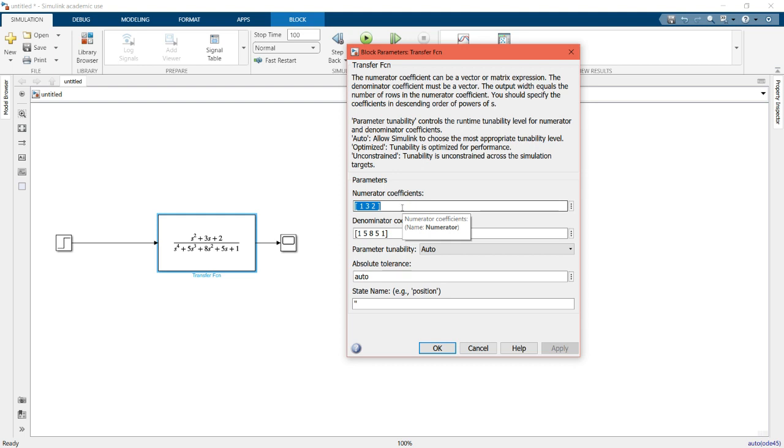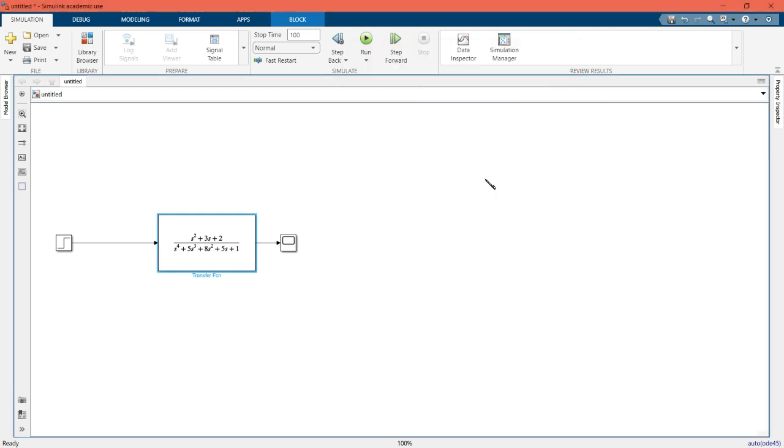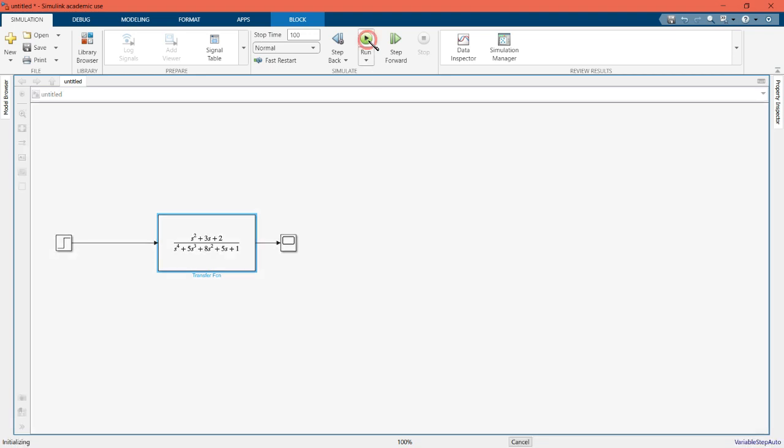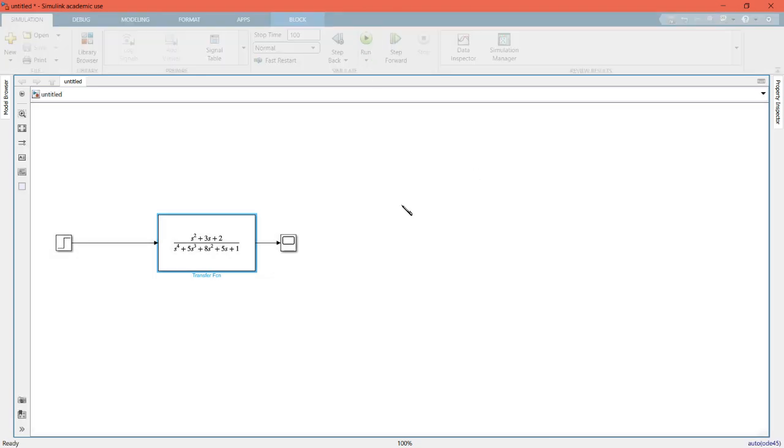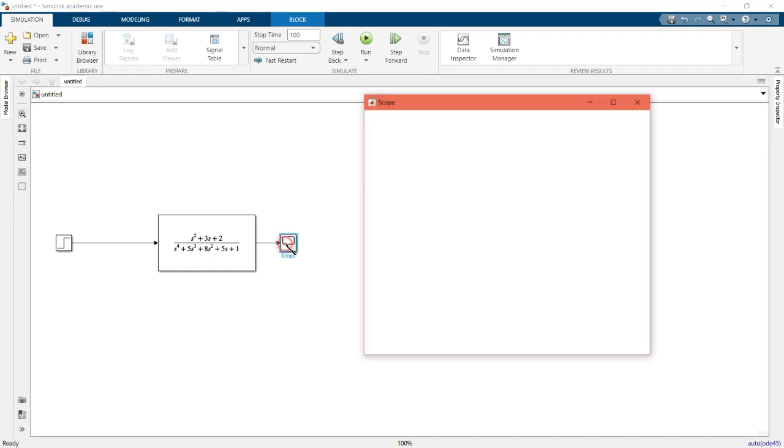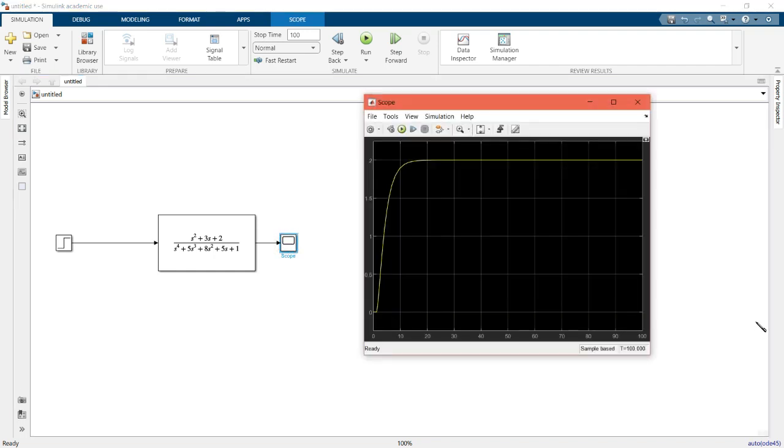So 1 represents s to the power of 2, 3 represents s to the power of 1, and 2 represents s to the power of 0. As I did previously, everything is set. Now we can simulate the model. And this is the unit step response we obtained for x2 over F.